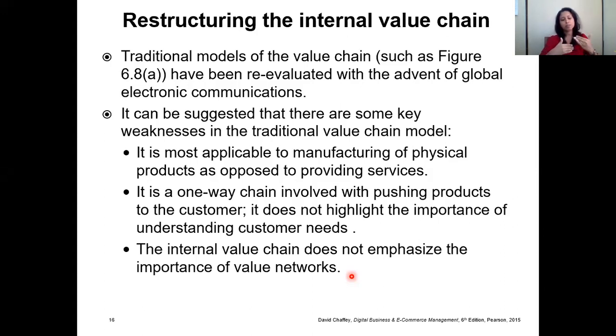That means to restructure the internal activities to make them more value-adding or more efficient, the cost you have to incur may exceed the benefit you deliver from restructuring these activities. Sometimes that also happens. Those kinds of critiques are there for the traditional value chain concept.